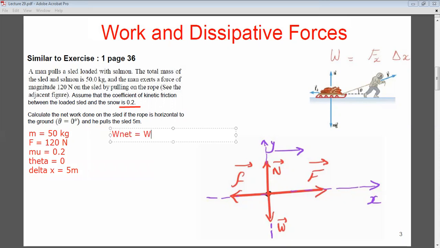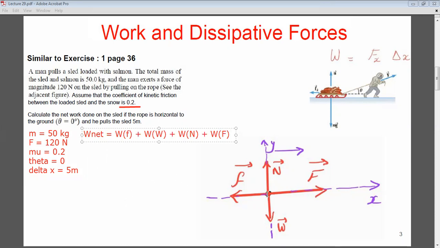So W net is equal to the work done by all these forces. So let's say work done by friction plus work done by W plus work done by normal plus work done by this external F. Okay, so this is W net.